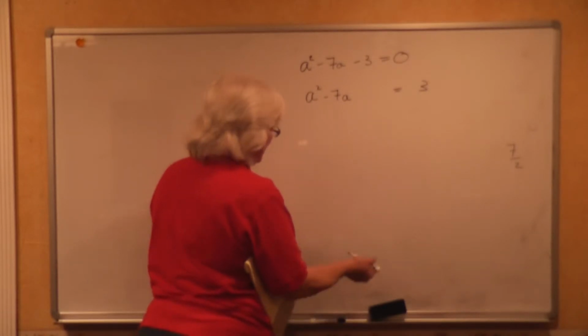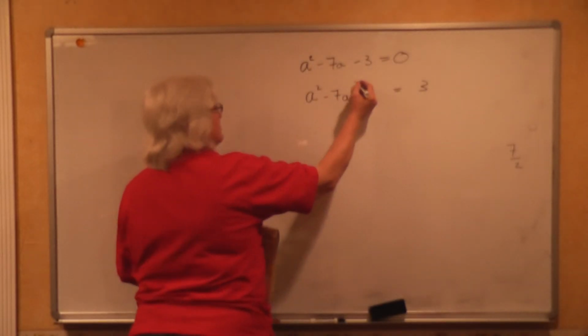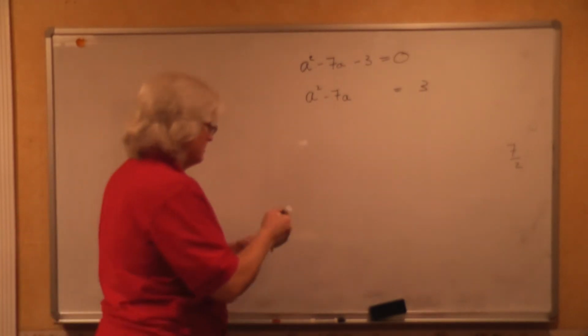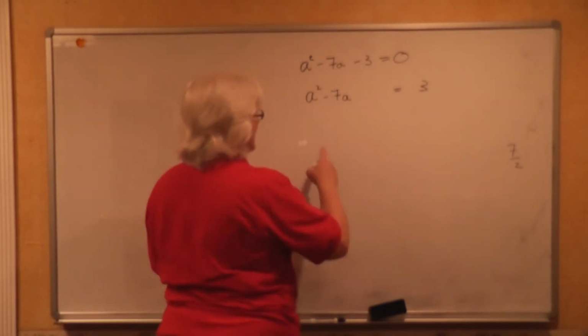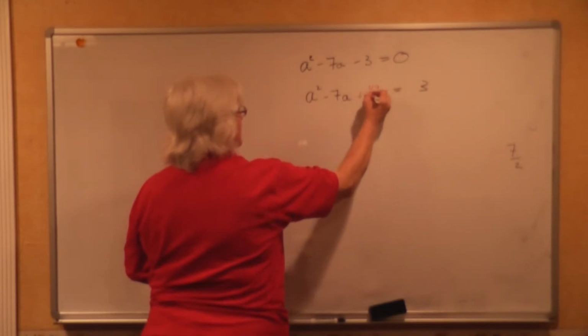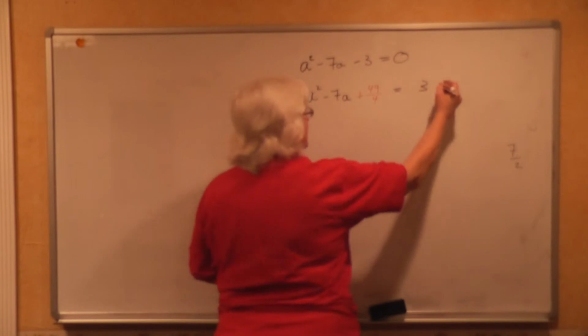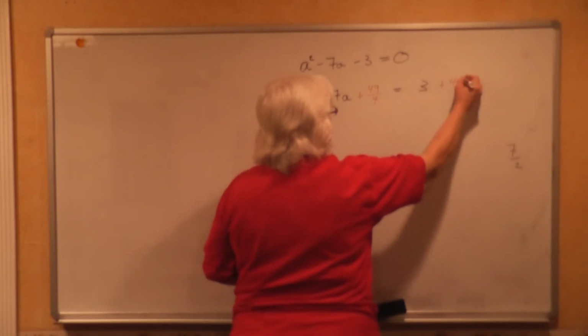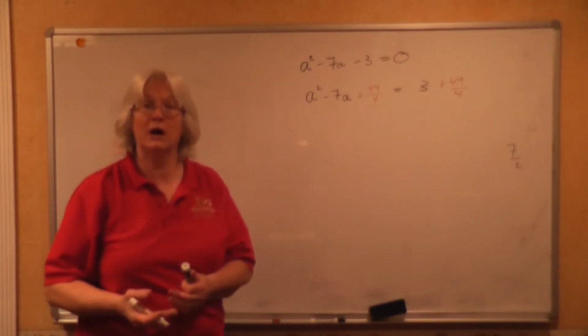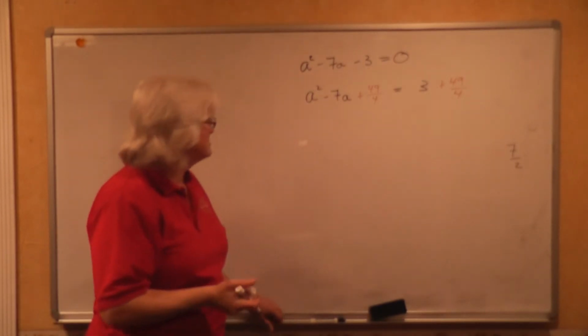So when we complete the square, we have a squared minus 7a plus 49 over 4. And again, you have to keep this equation in balance and make sure that you add 49 over 4 to both sides of that equation.